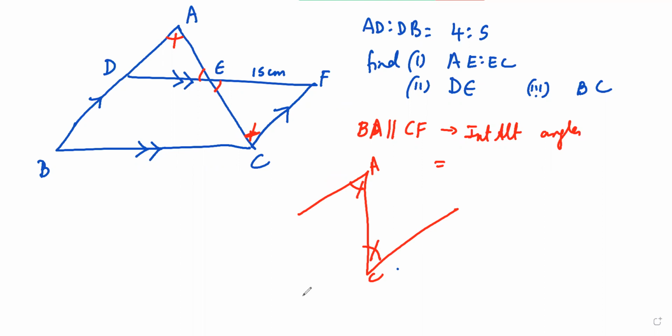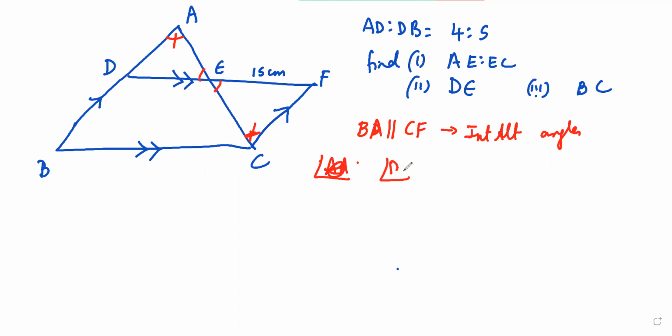So now, what next? Because two angles are equal, we can say angle DAE is equal to angle FCE, because of interior alternate angles, isn't it? And then because of VOA, we have here at E, both the angles are equal, isn't it?